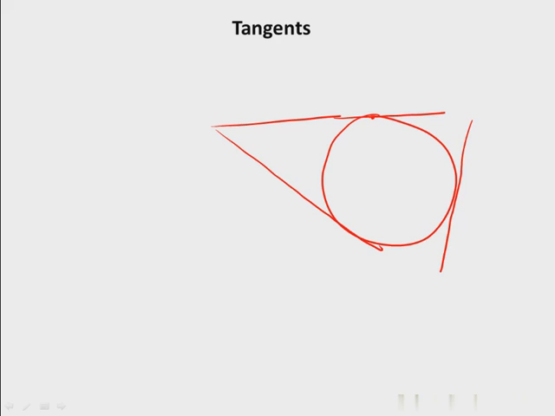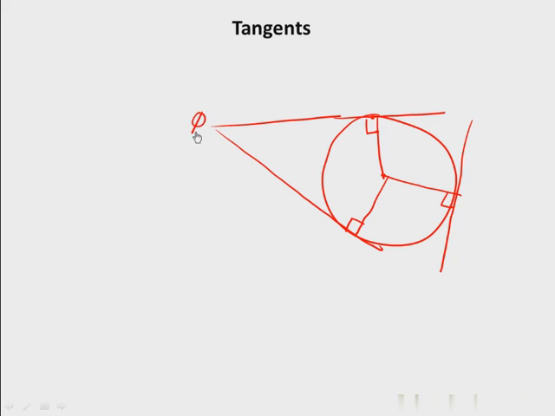Well, the tangents are lines not only which touch the circle in one point, but if I join that point to the center, I get a right angle. So the tangent and the radius meet at right angles at the point of intersection.